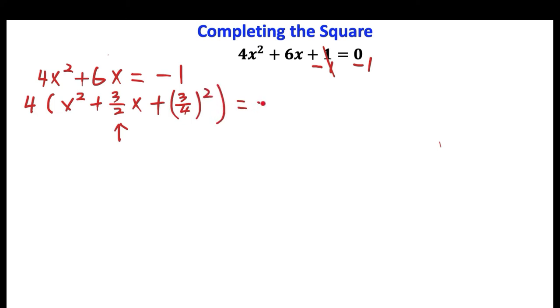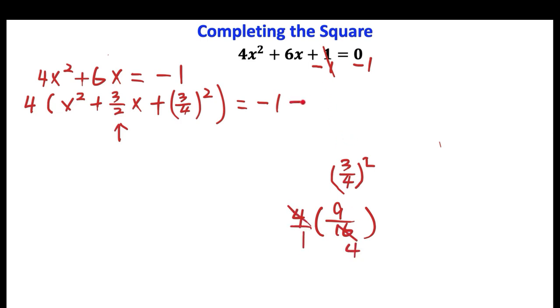So on the right side is a negative 1, but we need to plus 3/4 square, which is 9 over 16. But it's not only 9 over 16 because we have 4 in the front. So we need to multiply by 4. Then we simplify that, which is 9 over 4. So we need to actually plus 9 over 4 on the right side.